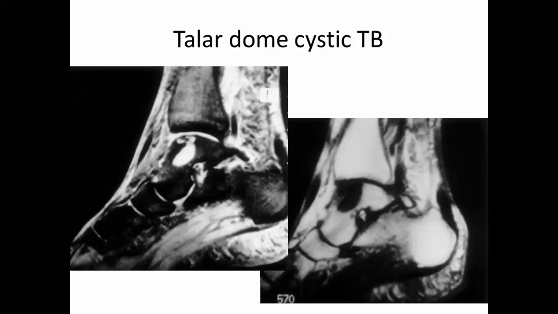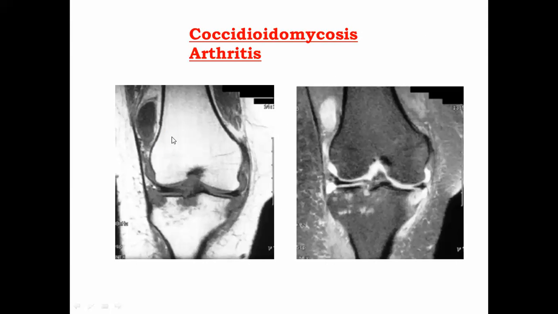Talar dome cystic changes. So we are now getting the point that TB usually manifests itself near joints by cystic changes. Cystic changes of longer duration, of course, with periarticular soft tissue edema, and synovial thickening with fluid formation and reaction.